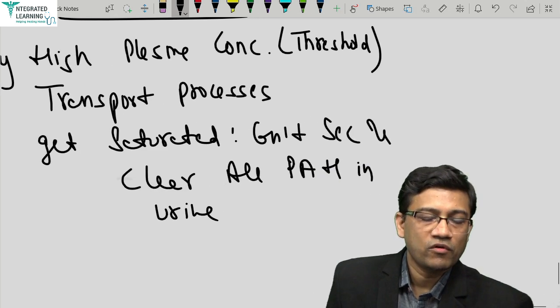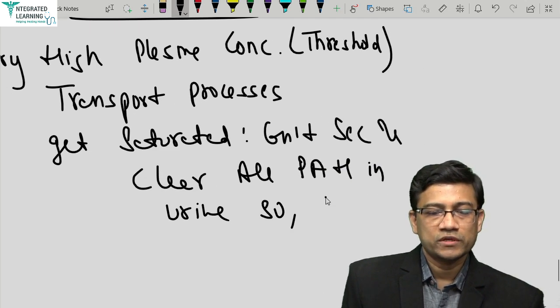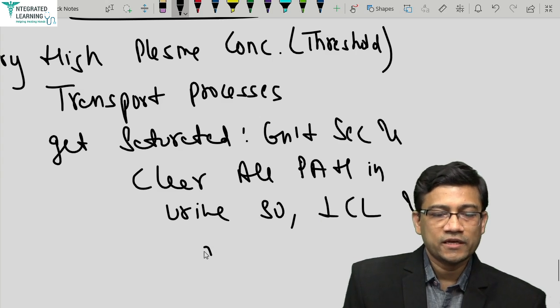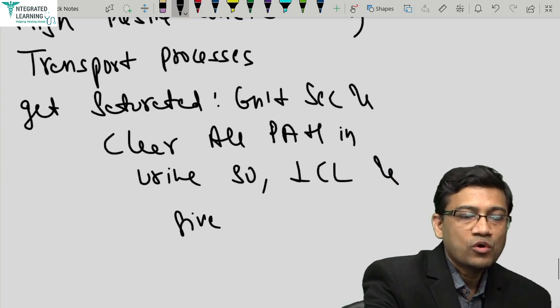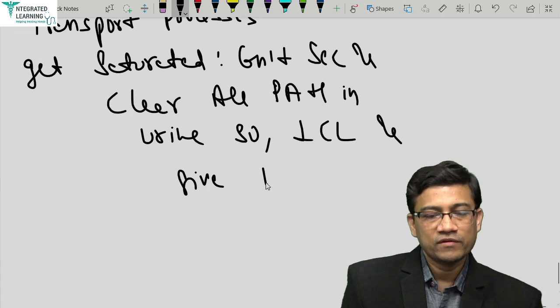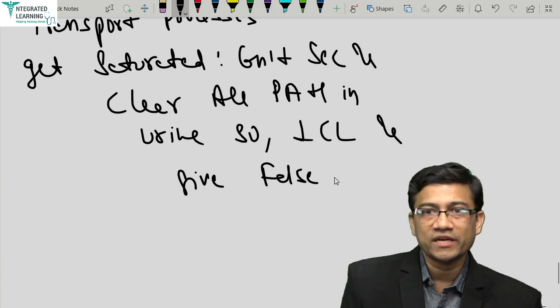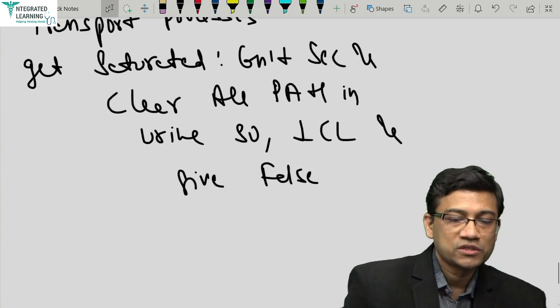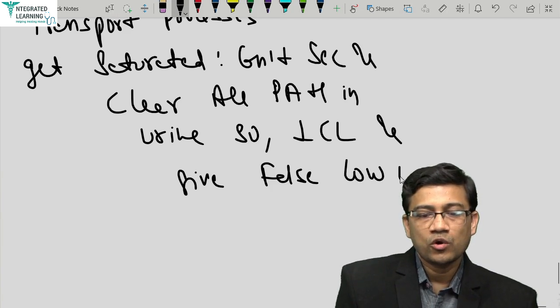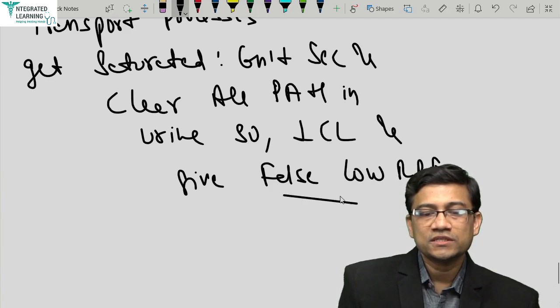So clearance will fall. There is a decreased clearance, which gives a falsely lower value of renal plasma flow, because the problem is not in the kidney, the problem is the method, you are giving too much. So it gives a false low RPF because there is saturation.